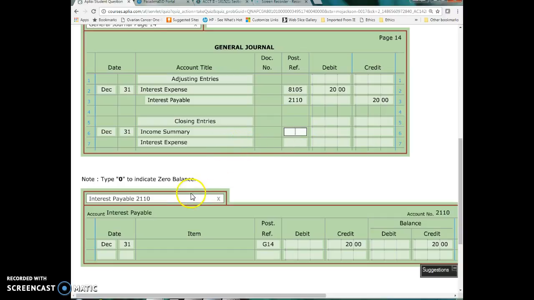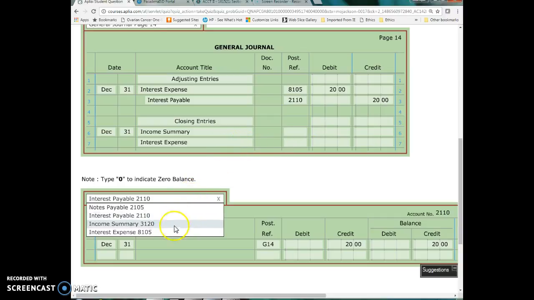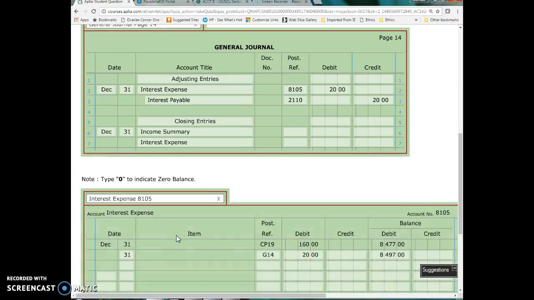All right. Now, how much do we have to close for interest expense? Really good question. Let's look at that ledger. $84.97. So to close that, we have to credit it for $84.97 and debit that income summary for the same amount.